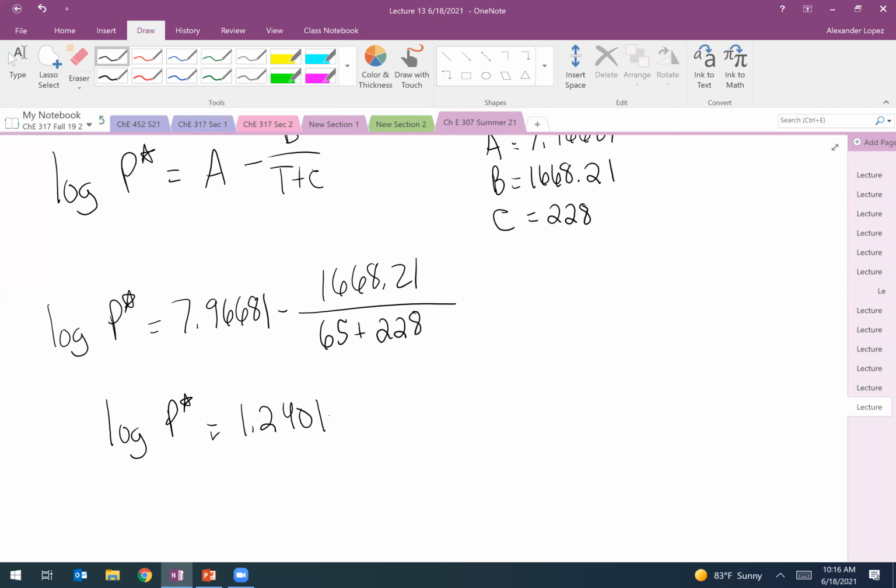Oh, I did the math wrong. 1668.21 divided by 65 plus 228, 7.96681 minus that.